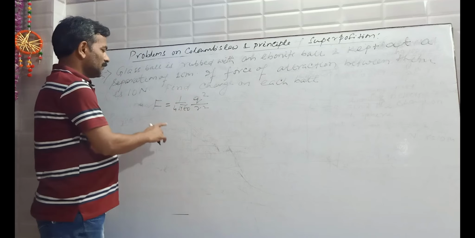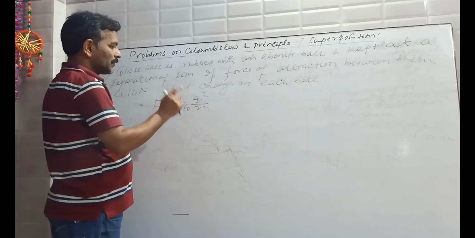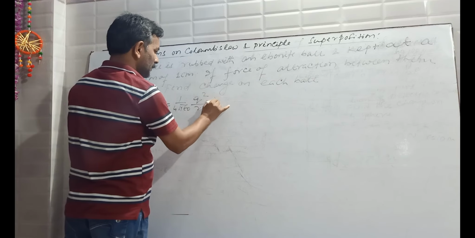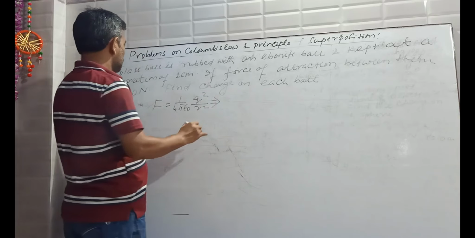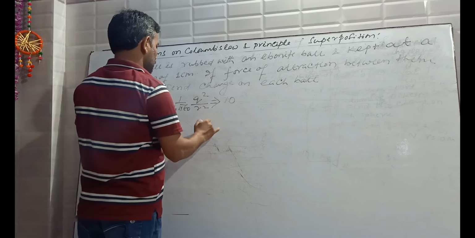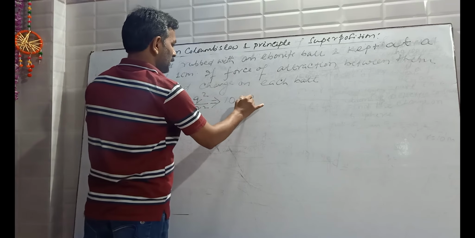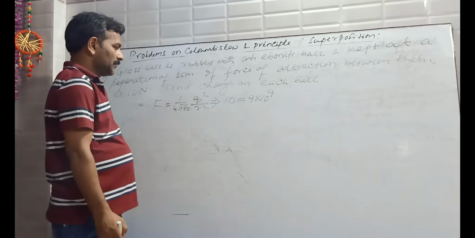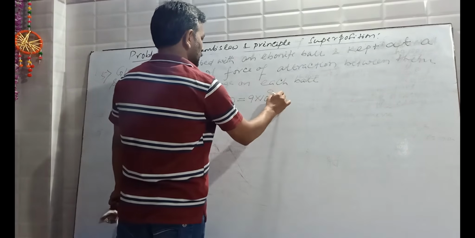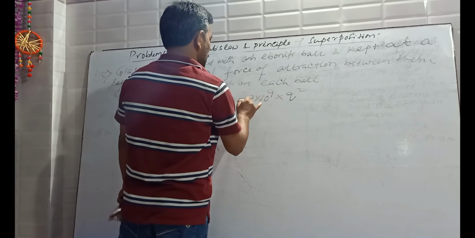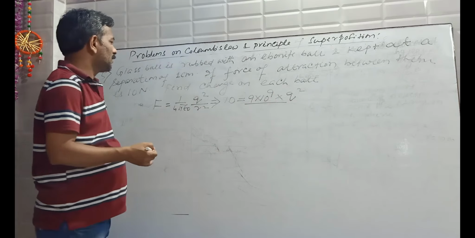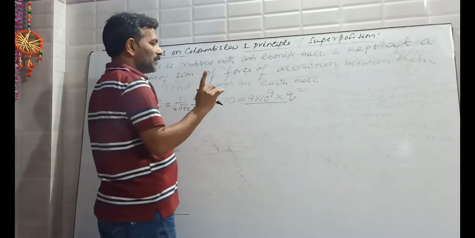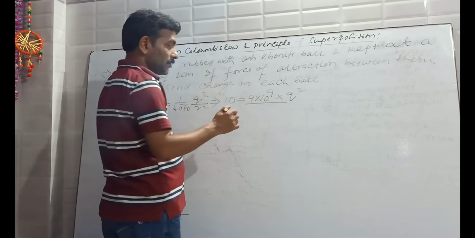We have to find Q. Force is 10 Newton, equal to 9 into 10 to the power 9 into Q square by R square. R is 1 centimeter, so it will be 10 to the minus 2 meter.